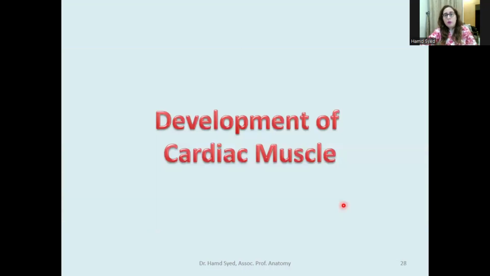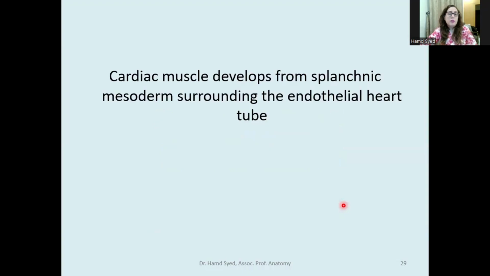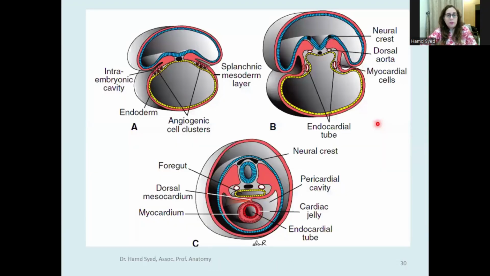Now we're going to talk about the development of the cardiac muscle. Cardiac muscle develops from splanchnic mesoderm, which is surrounding the endothelial heart tube. If you recall from the folding of the embryo lectures, we discussed this here is a cross section through the trilaminar germ disc, and we can see over here that these are the lateral body wall folds.